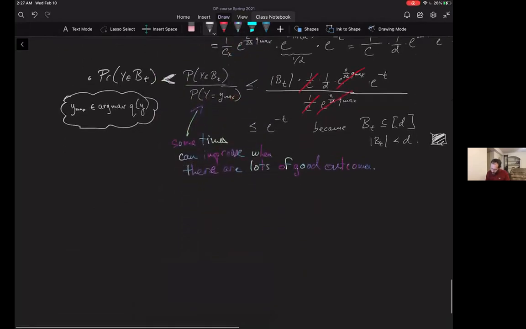So let's return to approval voting. We had d outcomes. What does this theorem say?